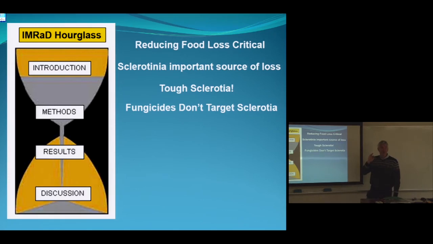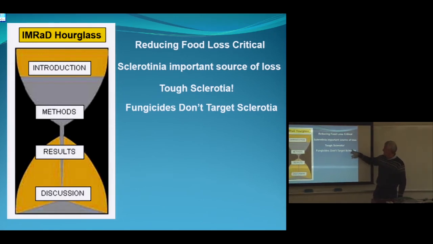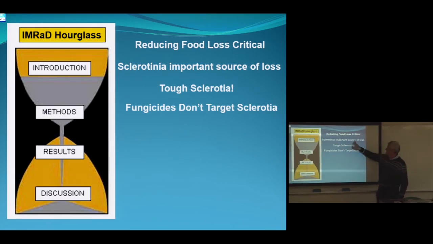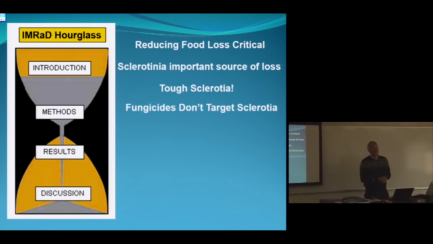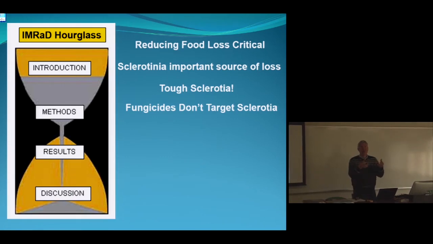So an extremely important problem that we need to conquer is how can we control sclerotia, because that is the most difficult stage to control in the whole life cycle, and sclerotia have very important economic consequences for food loss, and food loss is also very critical for the world's future food production and reduction of hunger.